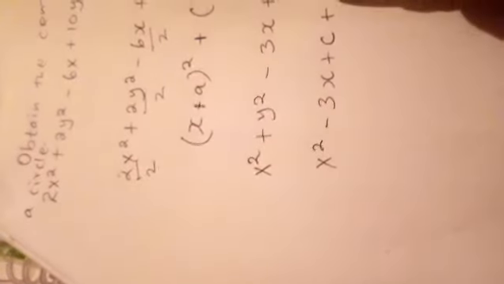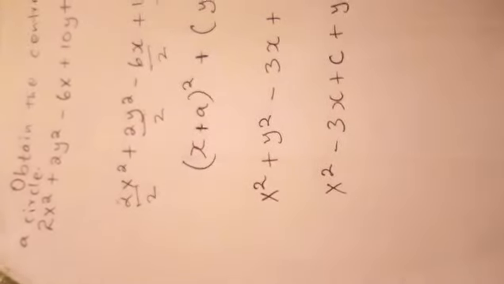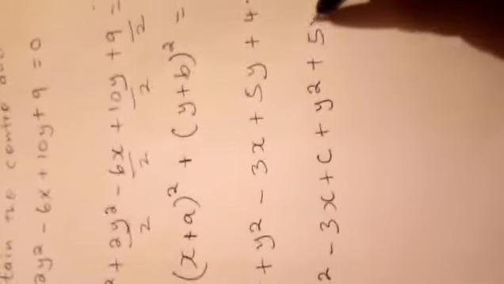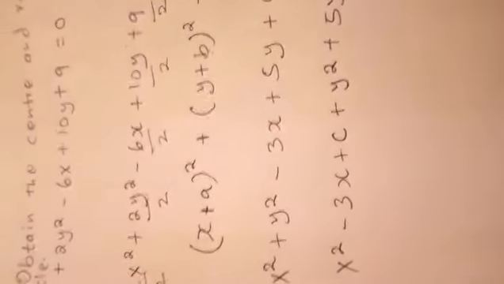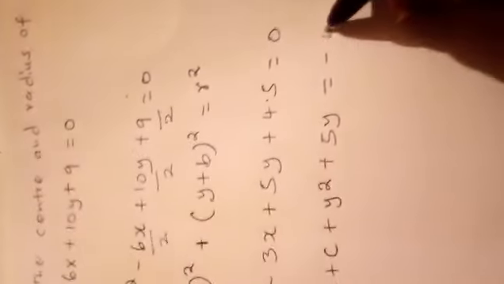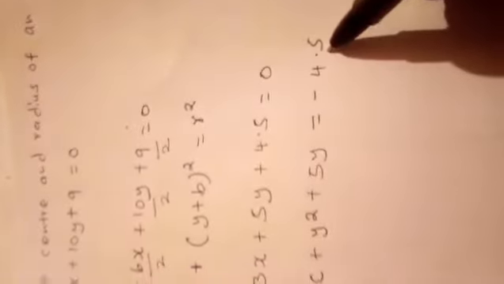Then we are going to have y squared plus 5y plus c, and it is equal to negative 4.5. We take this 4.5 to the other side, and when we take it to the other side it becomes negative.